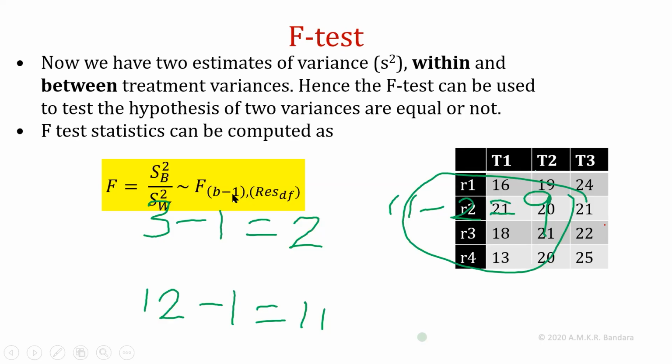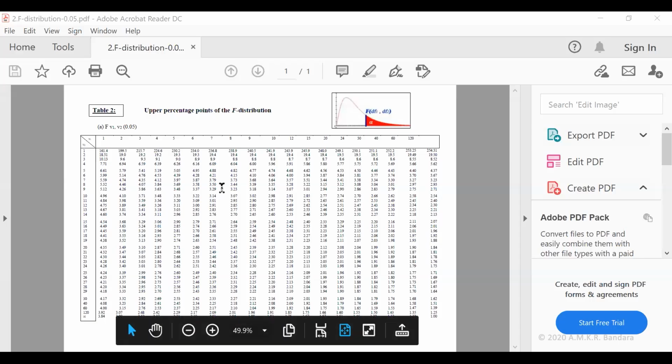So in order to find the critical value for this test, you have to find the table value of F corresponding to 2 and 9. This is the F table.